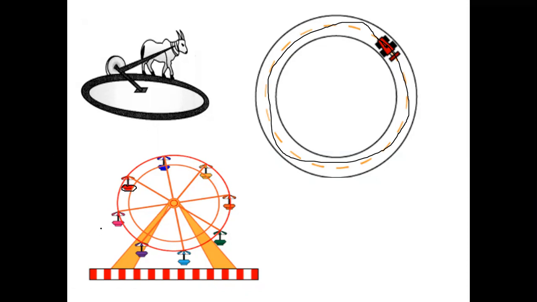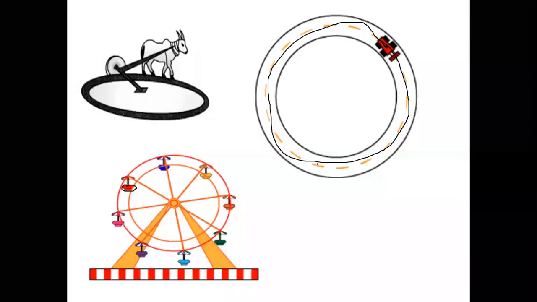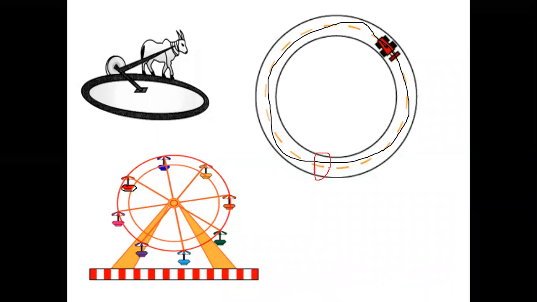This is a circular motion. The bullock is going around this thing. It is a circular motion. In easy words, if something goes around and comes back, it is a circular motion.